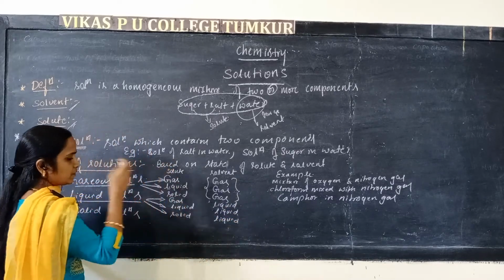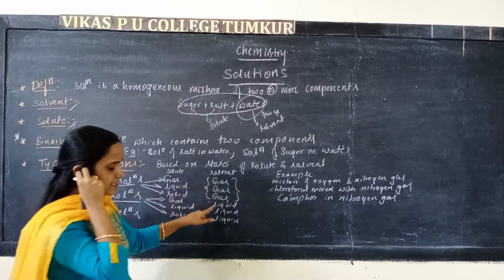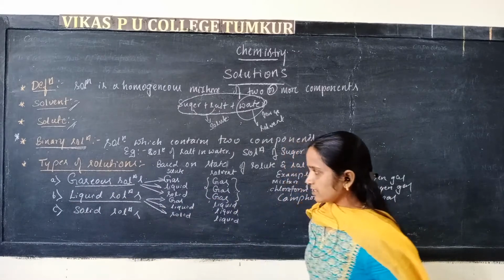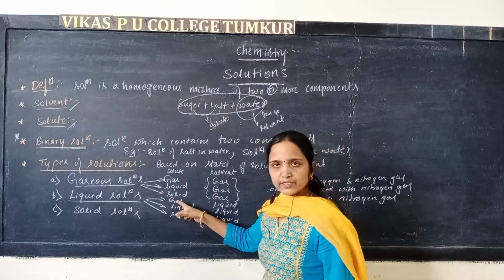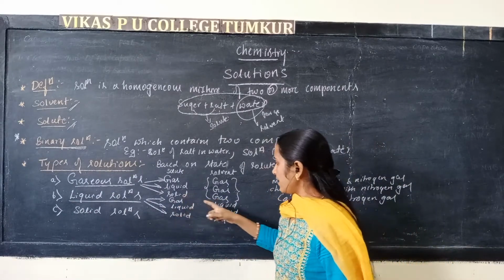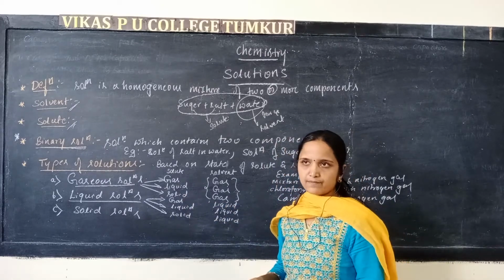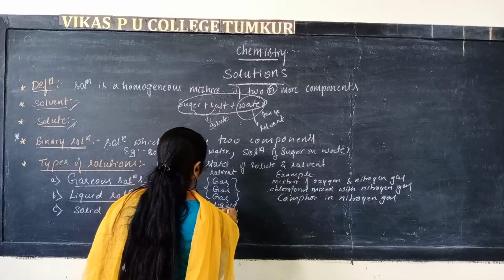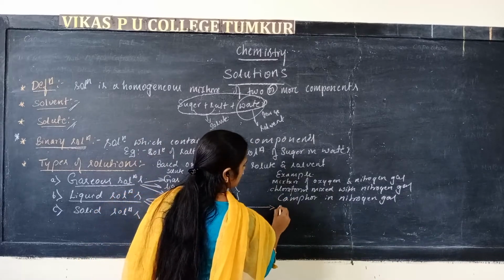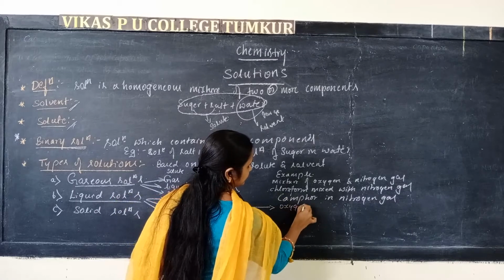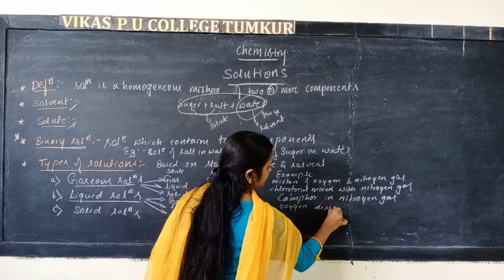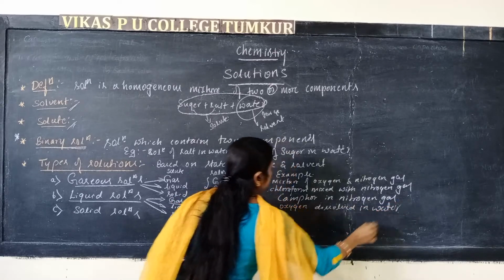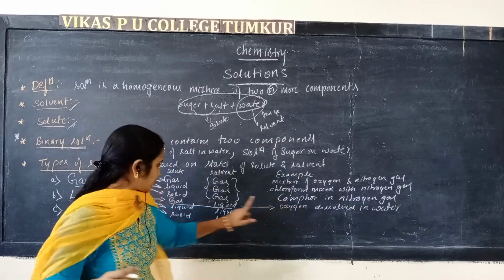Here, the solute is gas and the solvent is liquid. An example for this is oxygen, a gas, dissolved in water. You can observe that oxygen is in the gaseous state.